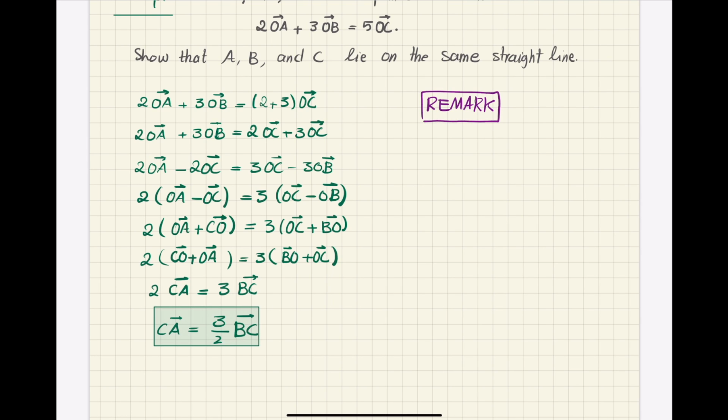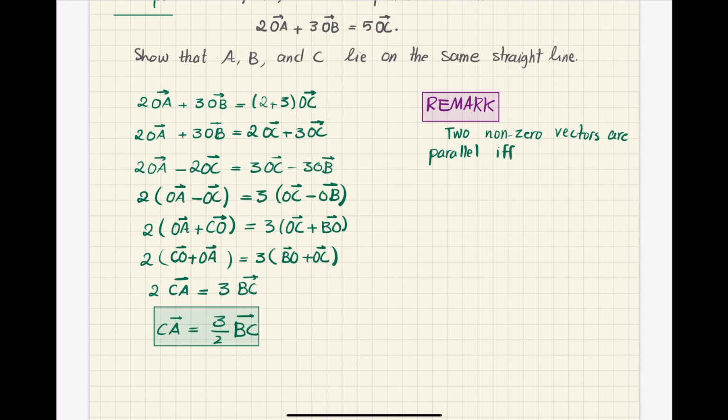Two vectors are parallel, two non-zero vectors, of course, are parallel if and only if.